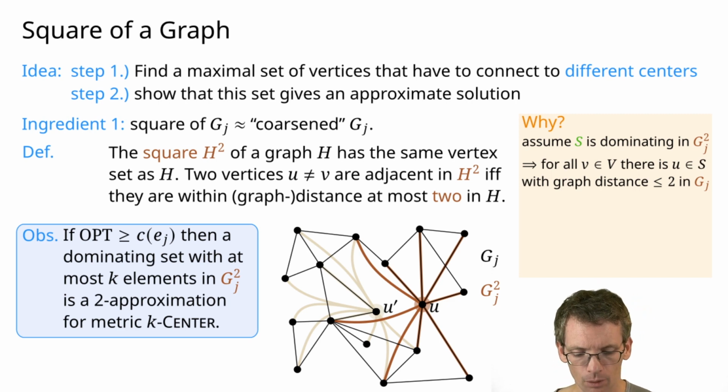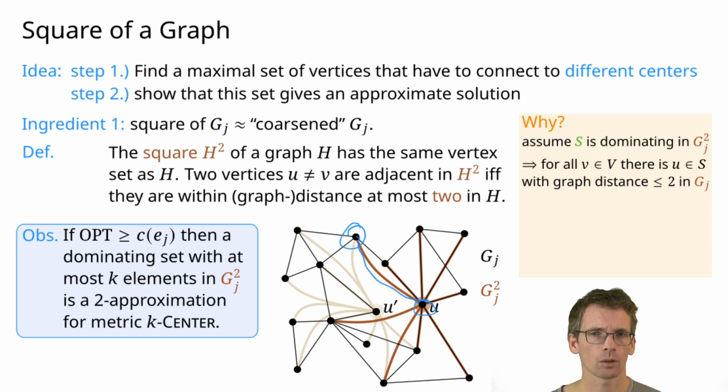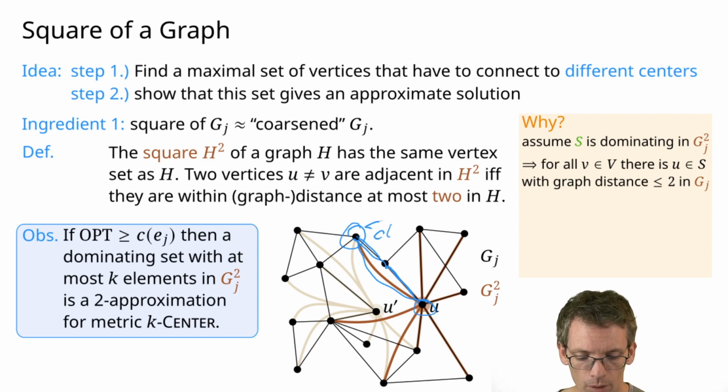So let's take for instance this vertex here, so it has in particular also graph distance 2 to u. So what can I conclude from that? It means that there are two edges, this path of length 2 that connects those two vertices. Now if you think about all of these edges in the graph, I know that for each of these edges their cost is smaller equal Cej. So this is true for both of those edges.